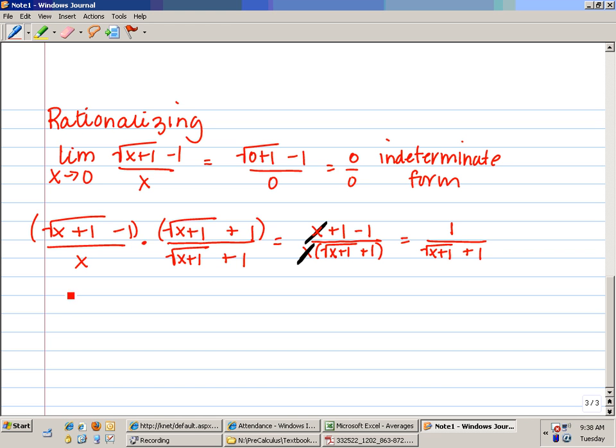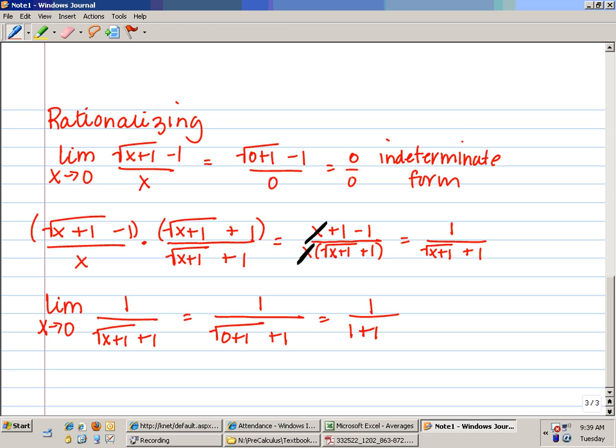So now we can evaluate the limit as x approaches 0 of 1 over square root of x plus 1 plus 1. This becomes 1 over square root of 0 plus 1 plus 1, which is 1 over 1 plus 1, which is 1/2. So we would say f of x approaches 1/2 as x approaches 0.